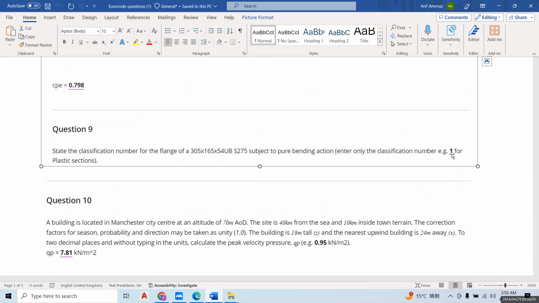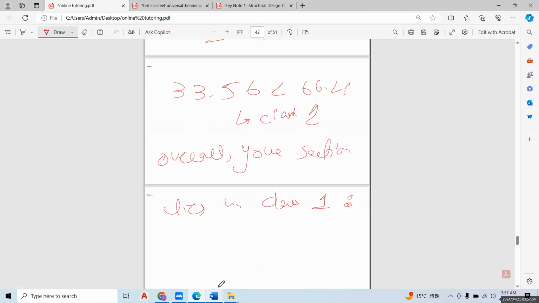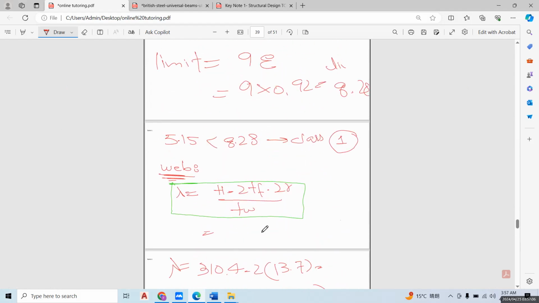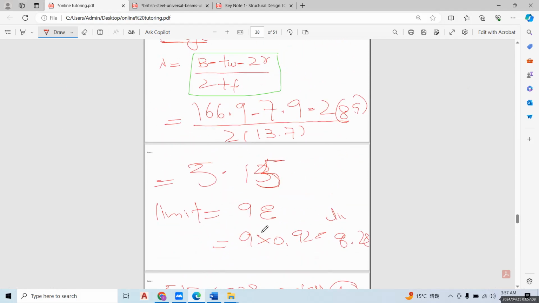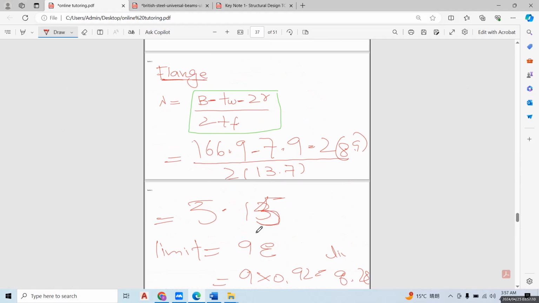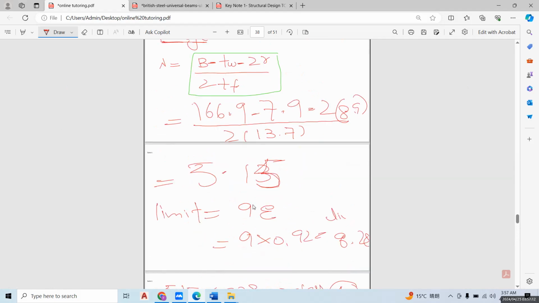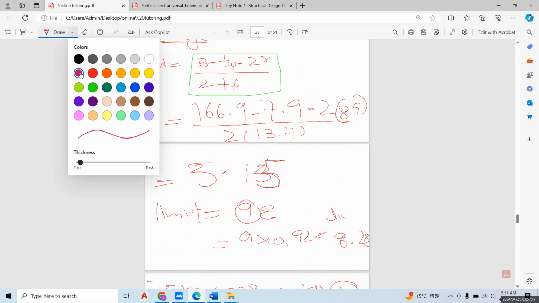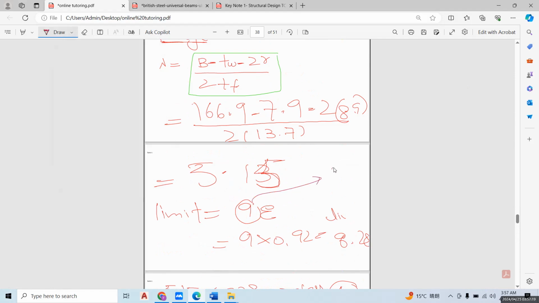So it's class 1. But how can you say that if your value is greater than, for example, here, if your value is greater than 10, if your value is greater than this value, then your section is class 2.